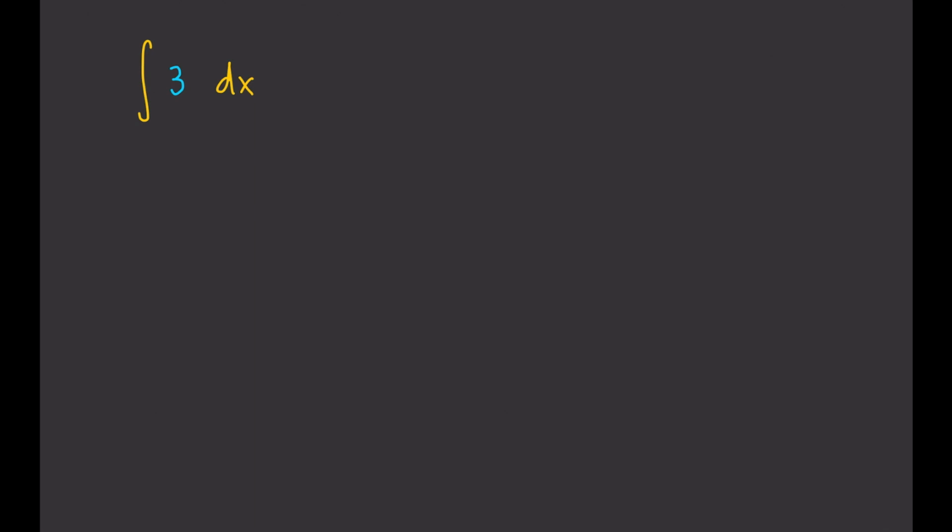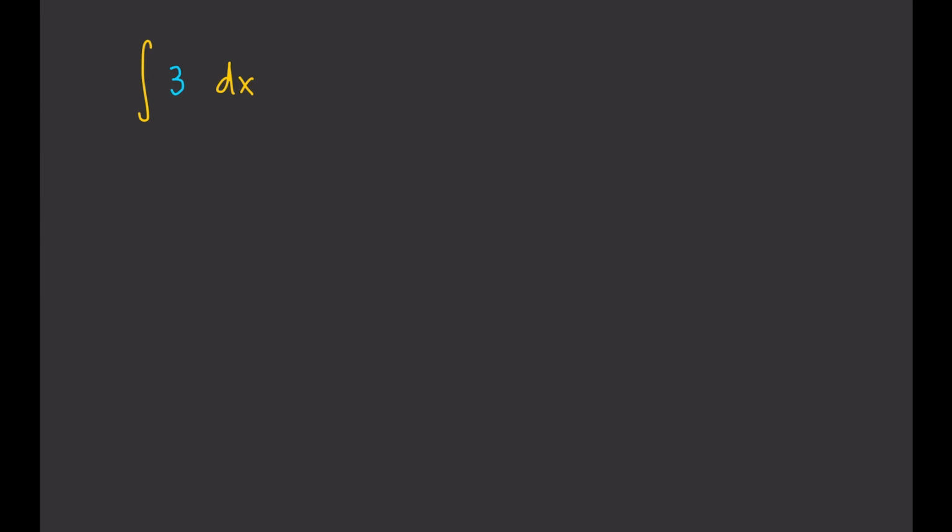You just write this elongated s, then the function in between that and the x, whatever variable you're using. So technically, this entire expression is asking for the antiderivative of 3.